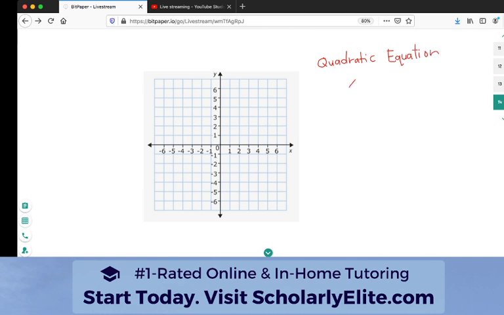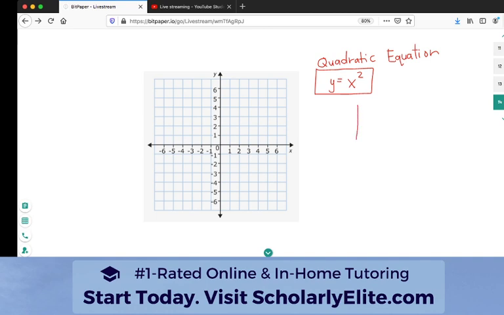So we want to take a look at the original quadratic equation, which is this: y equals x squared. Every quadratic equation that you're going to encounter is some variation on this original quadratic equation, okay?